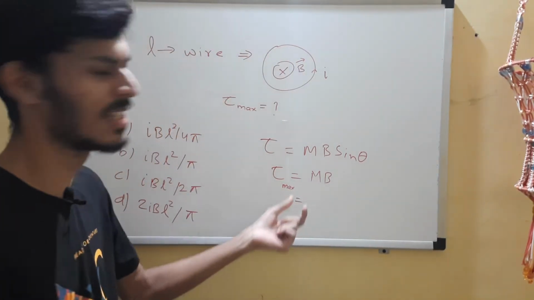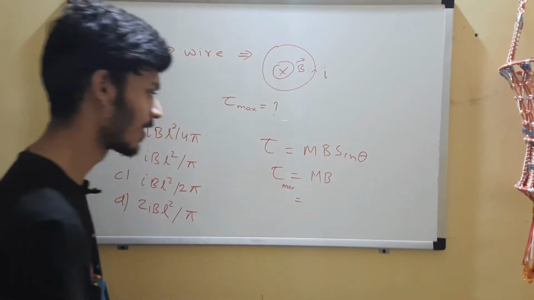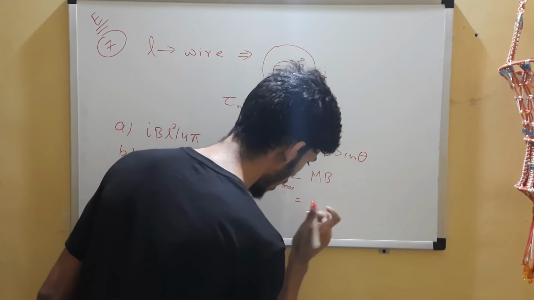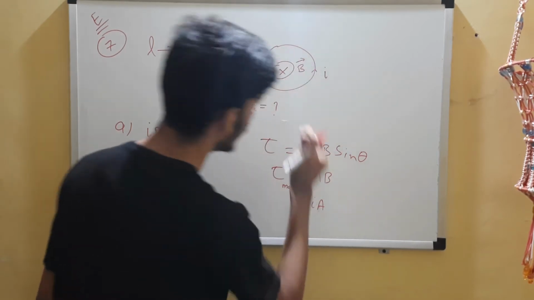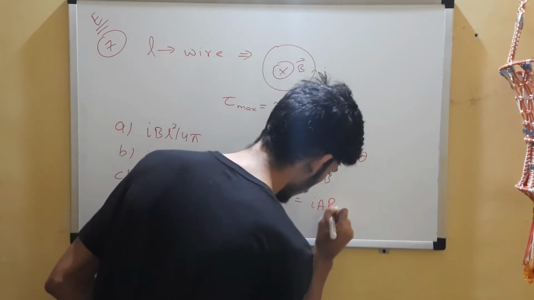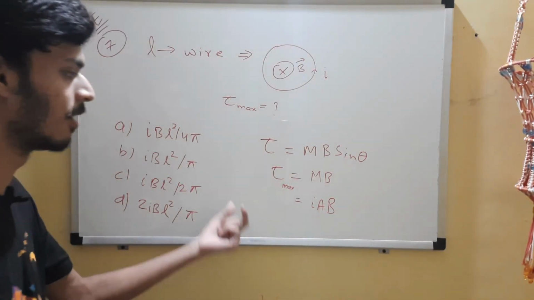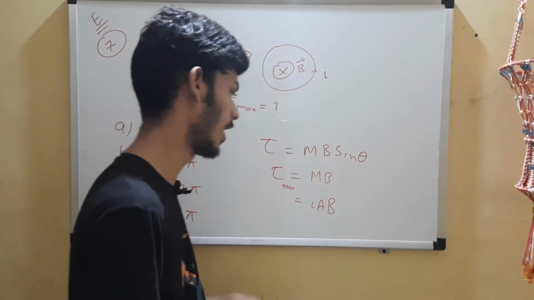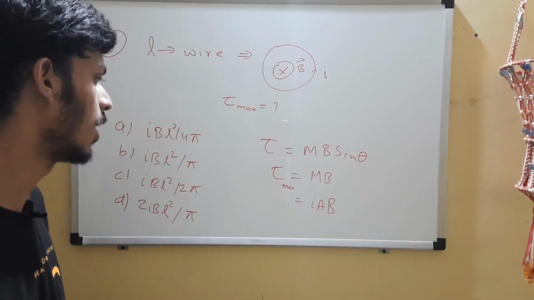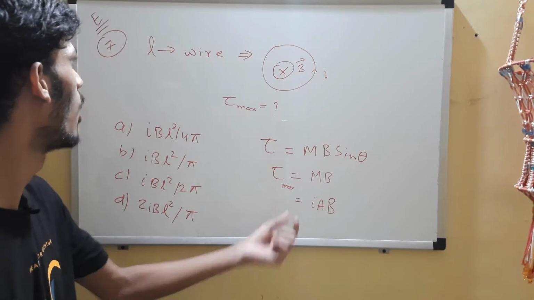Now m is given as IA. One more formula you should know: m is given as IA, the current flowing in the loop into the area vector. Into B, so IAB. You might also know it as the formula of torque. Torque equals IAB. Now how to find the area?